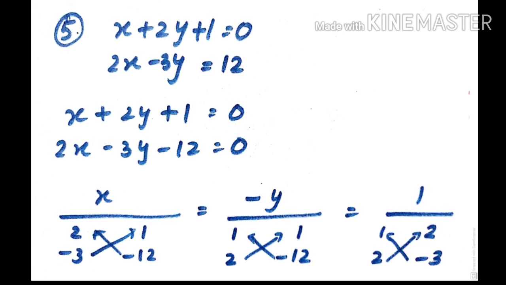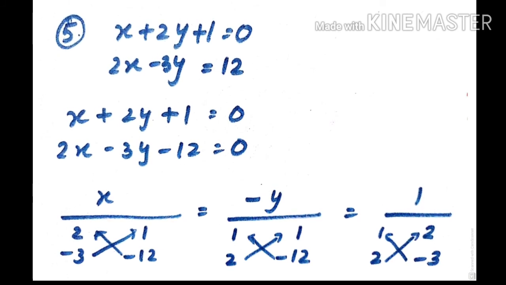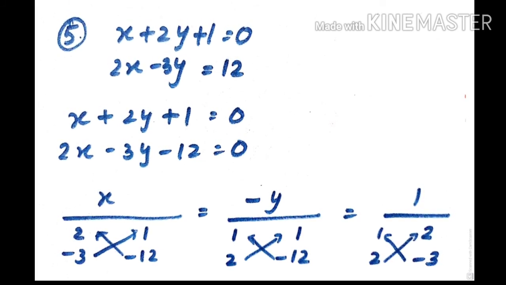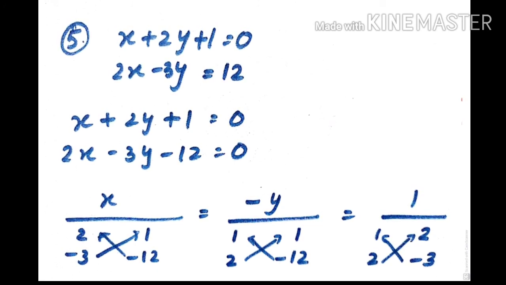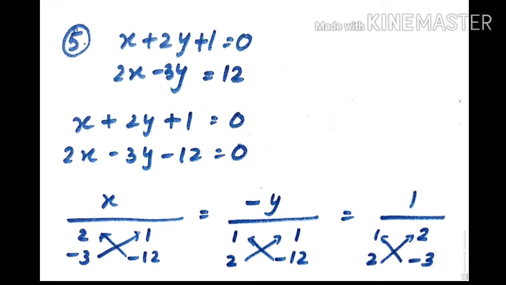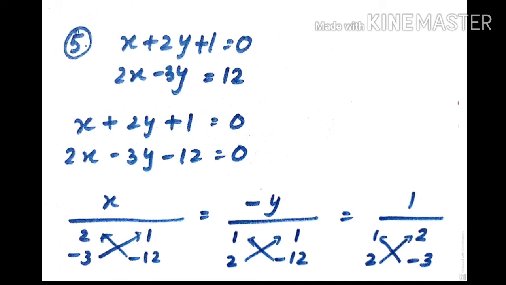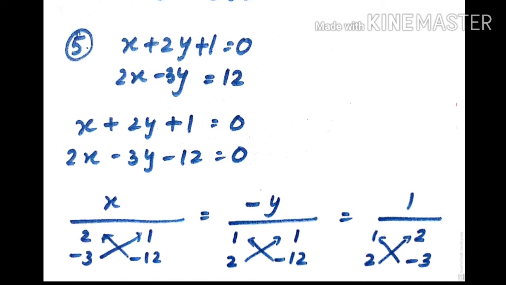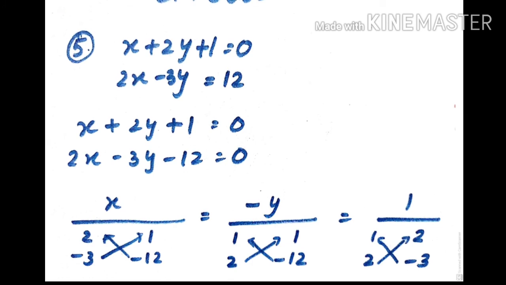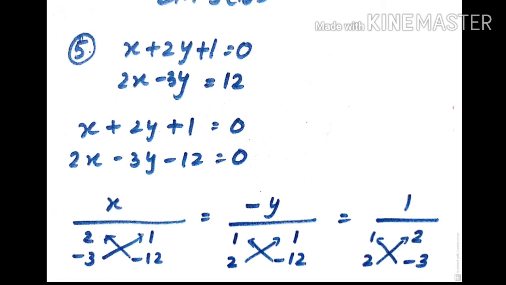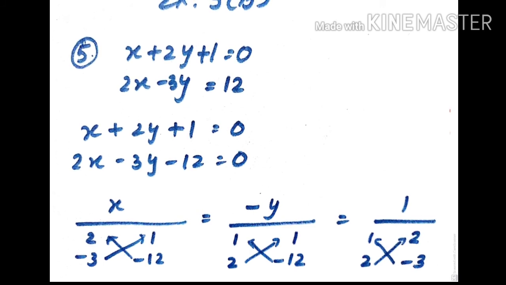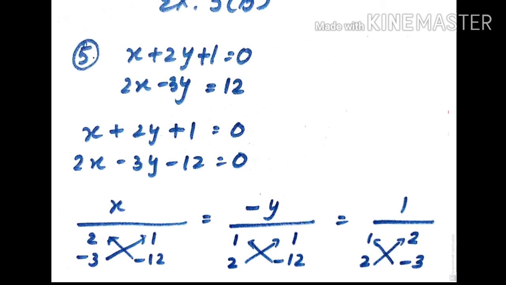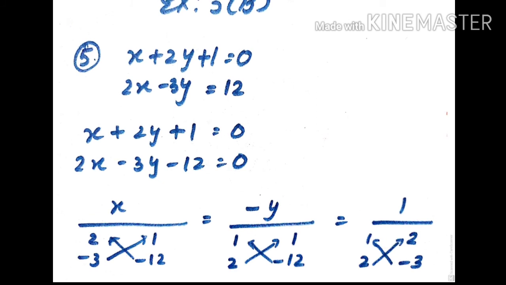Then below minus y, you have to close your y variable with your finger and you have to write the x coefficient. Nothing is there, 1 upon 2, means with 1 2, then 1 minus 12, then is equal to 1 below. You have to close your constant terms and you have to write x and y variables coefficient, that is 1 2, 2 minus 3.